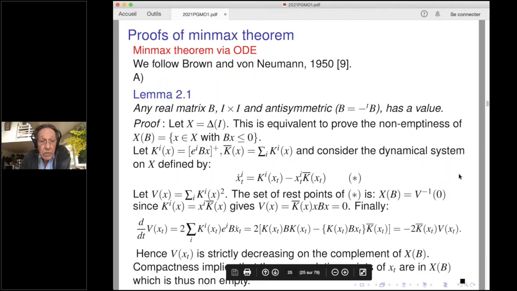Remember that K bar is positive, so V is strictly decreasing on the complement of X of B, and compactness implies that the accumulation points of x(t) are in X of B. Because V is strictly decreasing as long as it is positive, the accumulation points will have V equals 0. So by compactness the accumulation points are in V minus 1 of 0, which is X of B. So X of B is non-empty, and the matrix has a value.